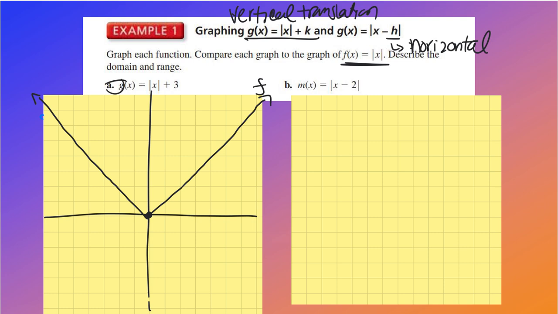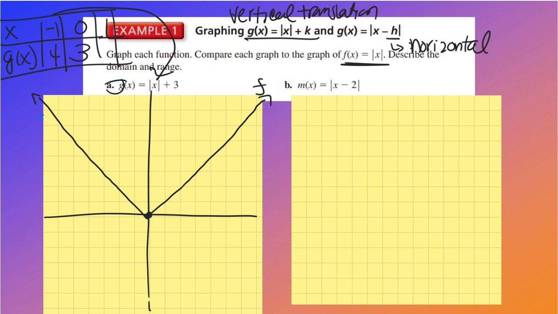So g(x) = |x| + 3. If you do a table, we know the table you're going to have x, g(x), and I'm going to use -1, 0, and 1. What I'm doing now is using substitution. What's the absolute value of -1? 1, plus 3 gives me 4. The absolute value of 0 is 0, plus 3 gives me 3.